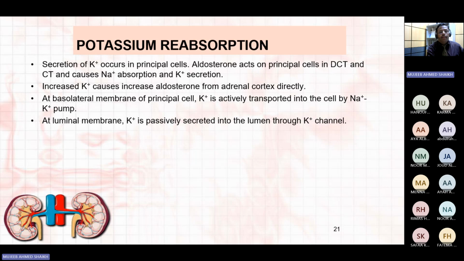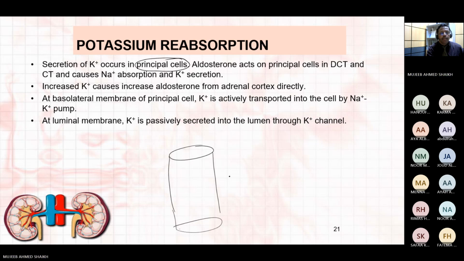In the distal convoluted tubule, there is a special cell called the principal cell. Now I am drawing the diagram of the DCT, or you can say collecting tubule.